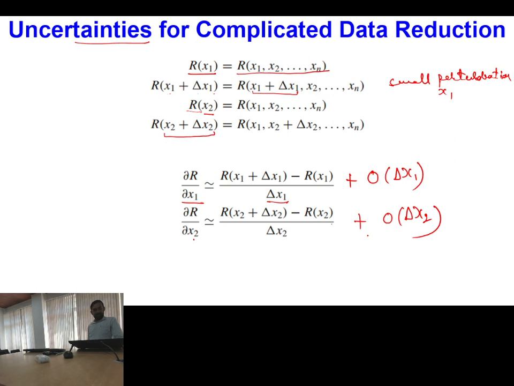After I have calculated del r by del x1, del r by del x2, ultimately what do I need to do now? I need to calculate the resultant uncertainty. So I simply need to supply these values and their individual uncertainties and then the square of that, so that I can simply substitute into that formula.